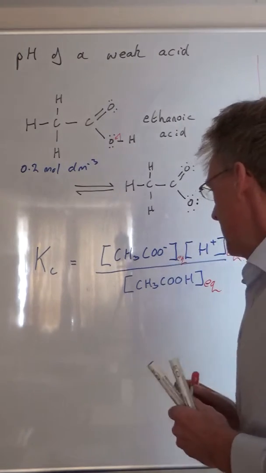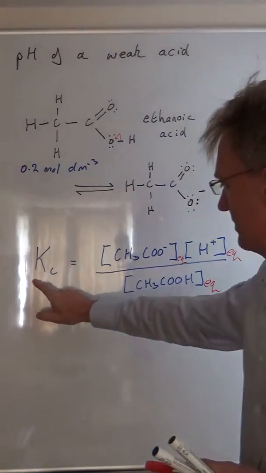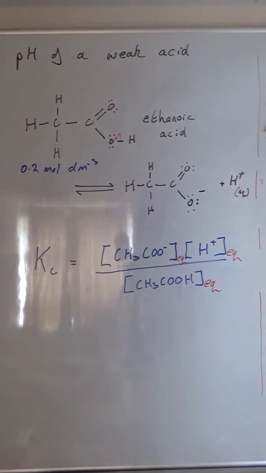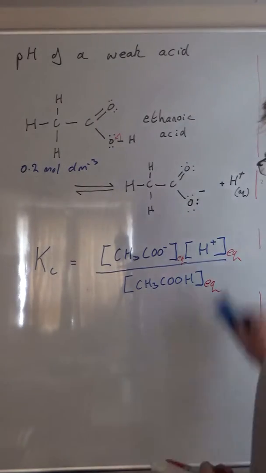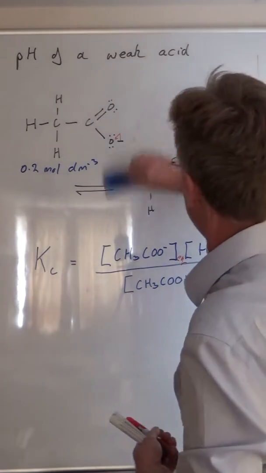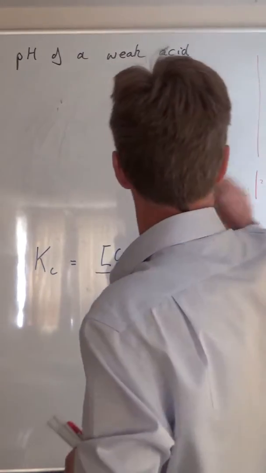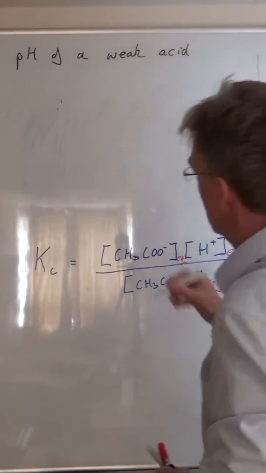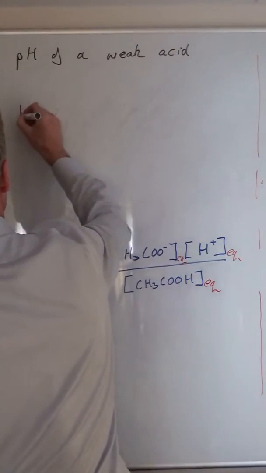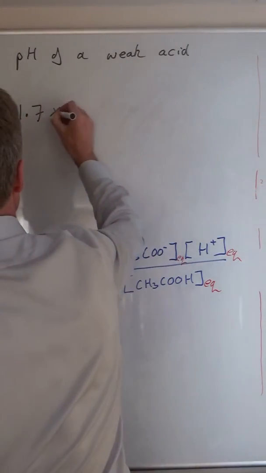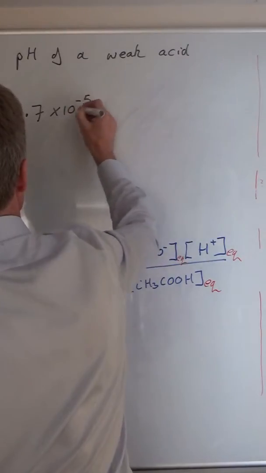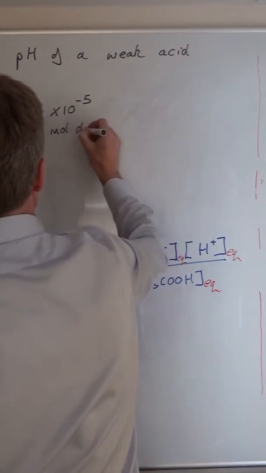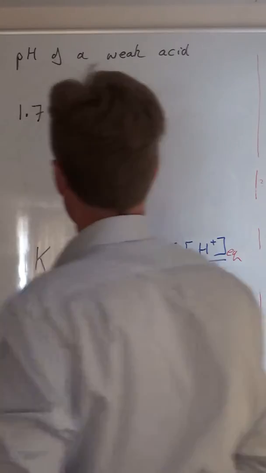Okay, and we know the value of this one for ethanoic acid. You get these in your textbooks and data books. The value is 1.7 times 10 to the minus 5, and it's got units of moles dm to the minus 3.